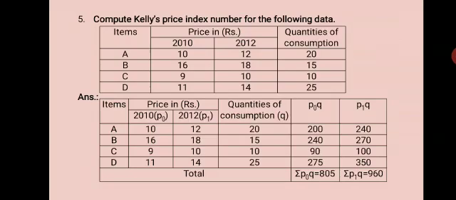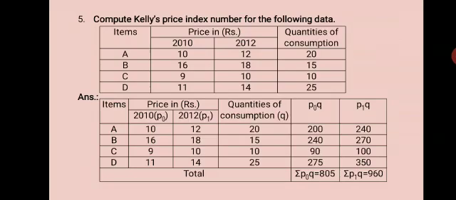Similarly, P1 into Q, that is current year price into Q, you will get 12 into 20 as 240, 18 into 15 equal to 270, 10 into 10 you will get 100, and the last is 14 into 25 you will get 350.